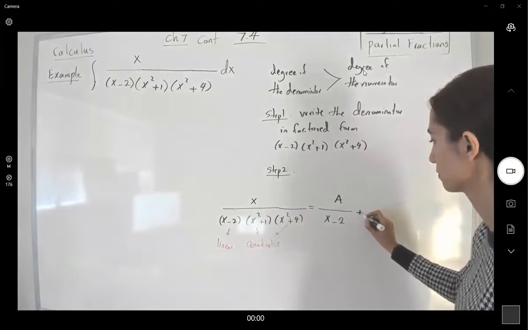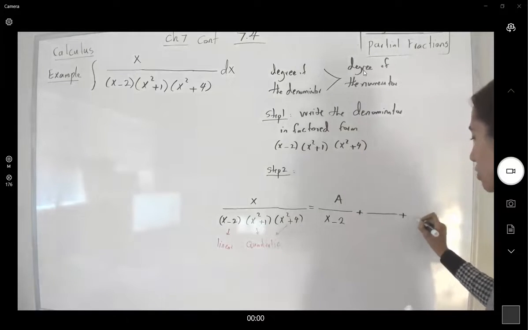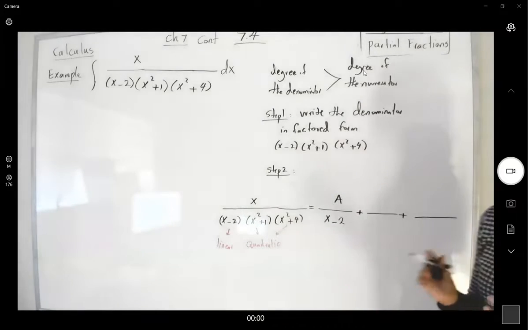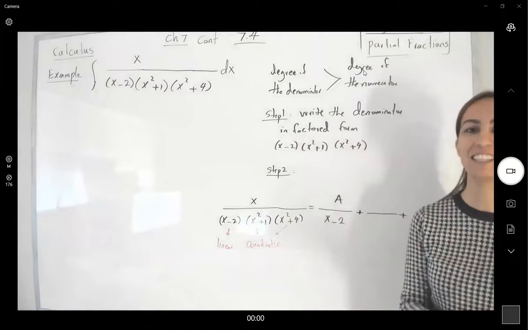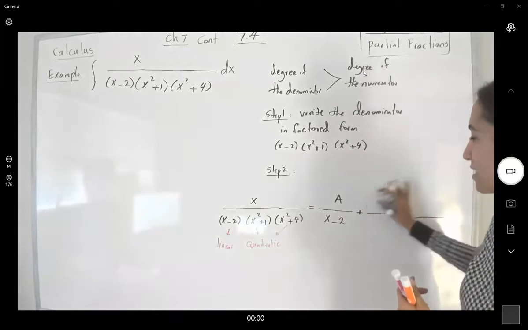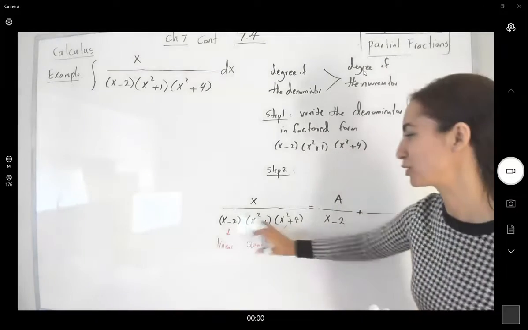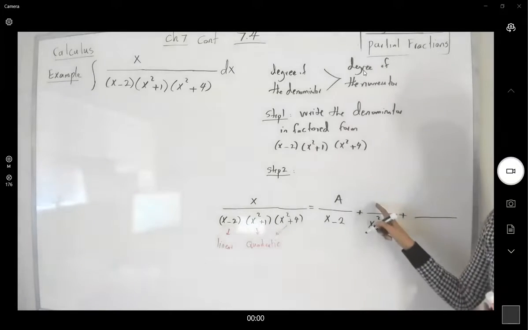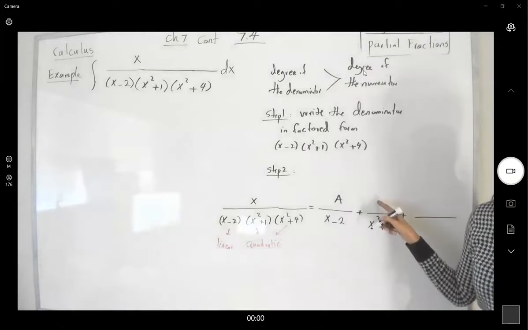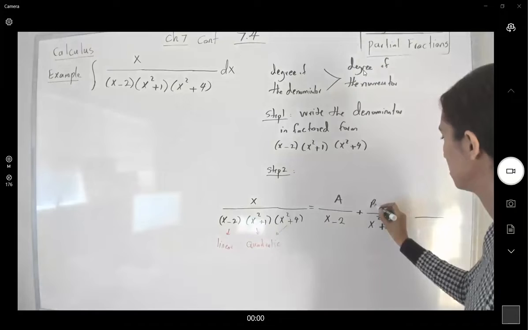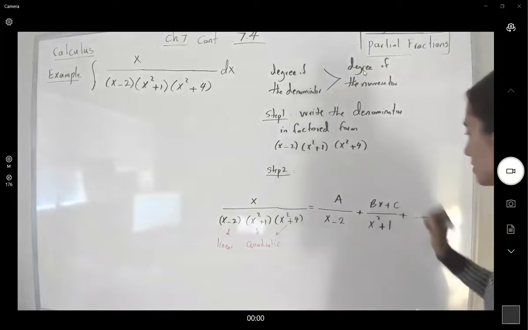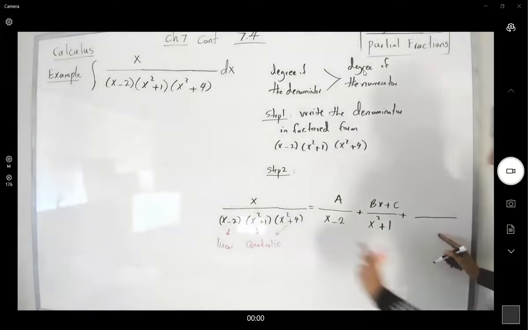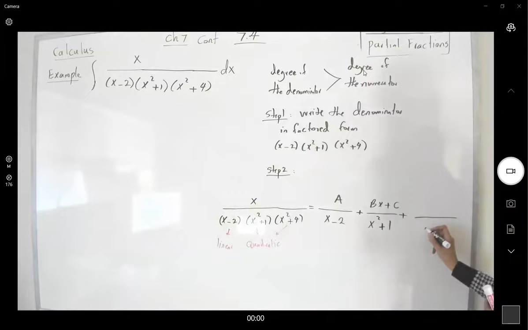Plus, for quadratic expression each, we need to have linear expression as the numerator. So here you have x squared plus 1. On its numerator, you have to have a linear expression, bx plus c. Your last denominator is x squared plus 4.